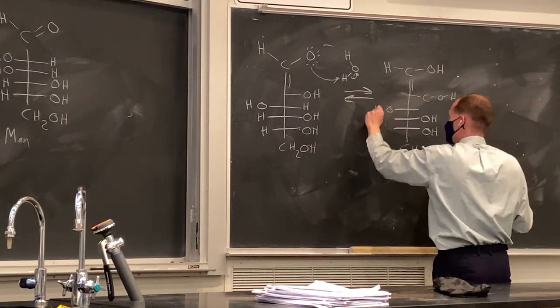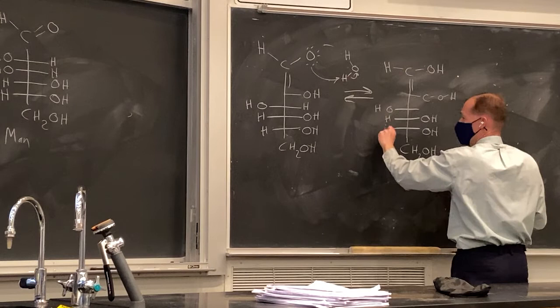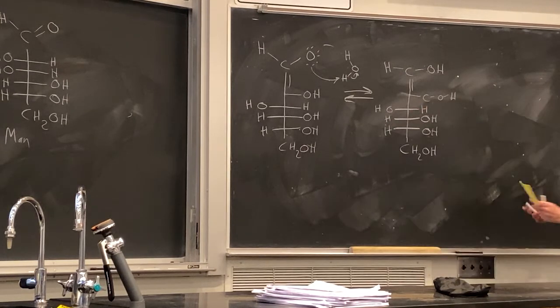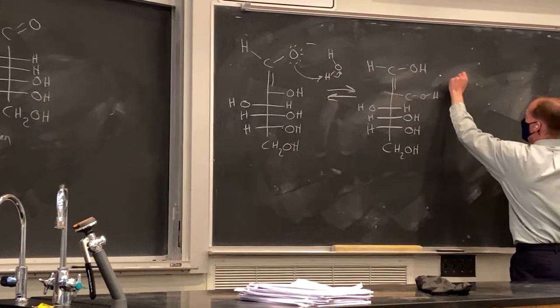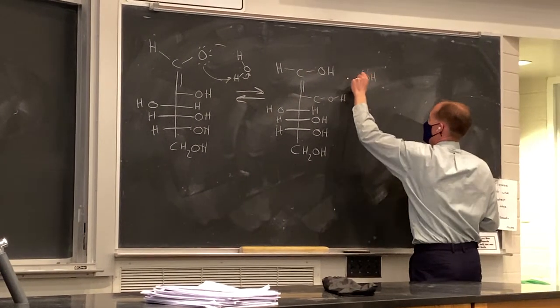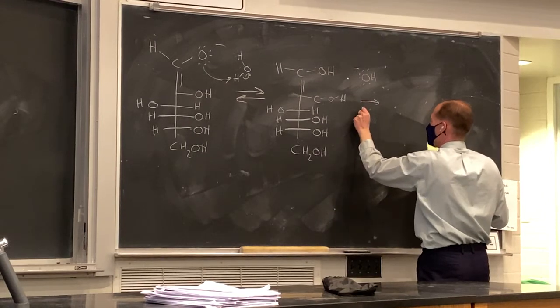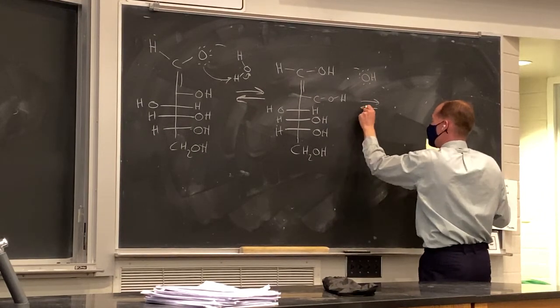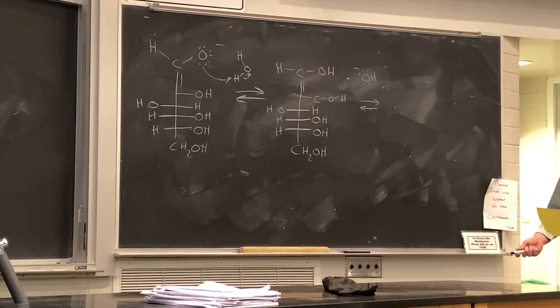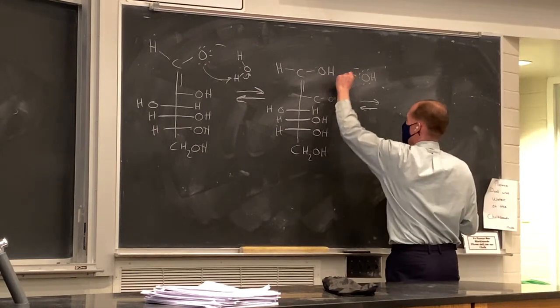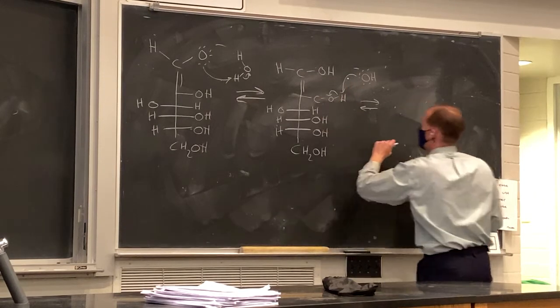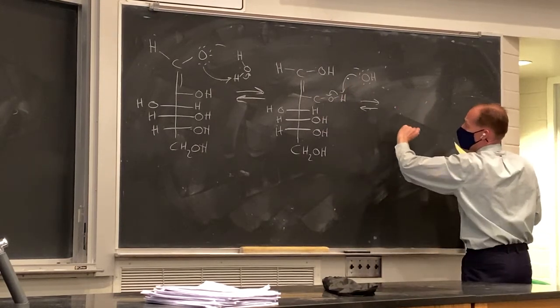Okay? So we have this enediol. We protonated it with water. We generate hydroxide in the process. Okay? The hydroxide could deprotonate the OH that just got protonated, or it can deprotonate this OH, generating a new enolate.